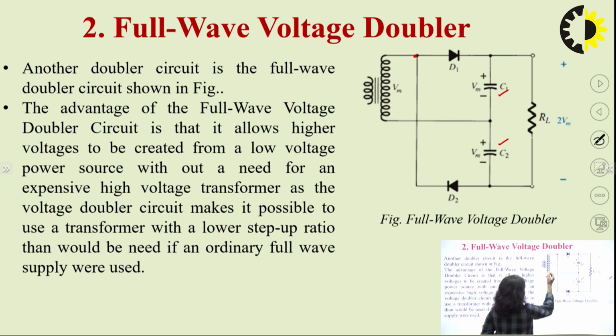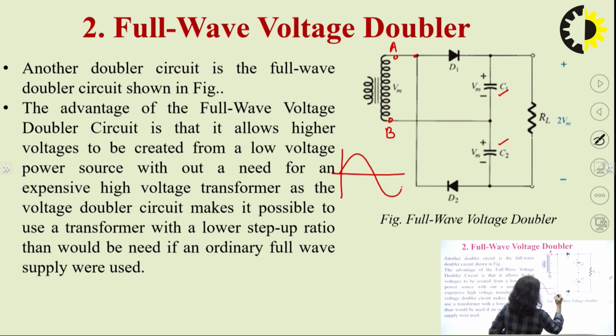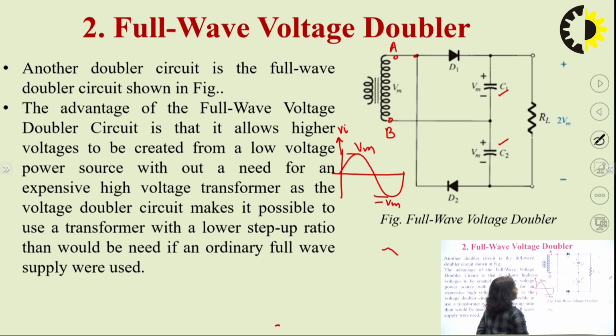Again the voltage which is appearing across the secondary winding of the transformer is given by, this is the input signal, this is Vm, this is minus of Vm. So, during the time period 0 to T1, terminal A will be at positive potential and B will be at negative potential.